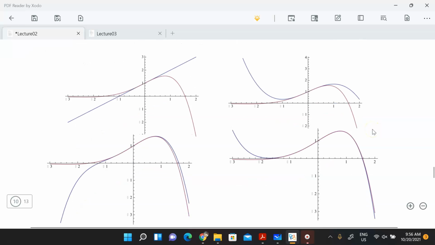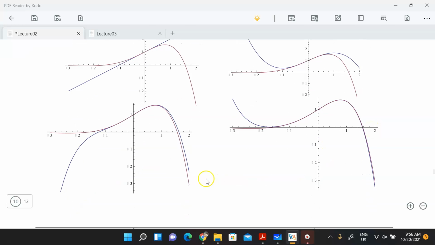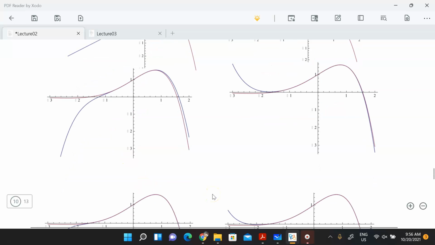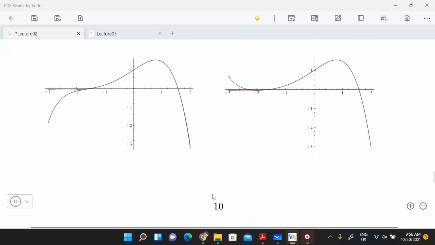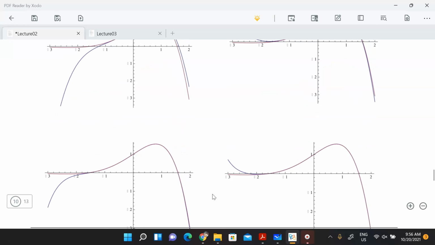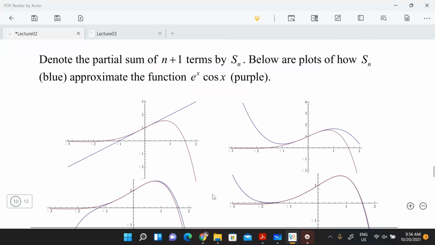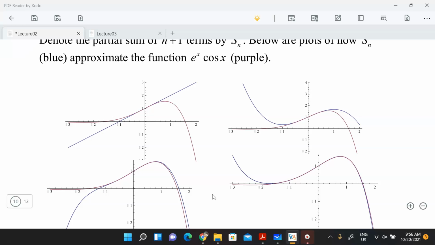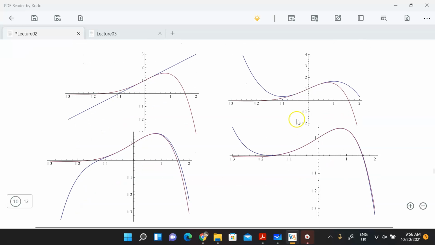And then if you go to higher orders, you can actually see this one almost approximates. I can't remember what order this is. Probably this is the third.